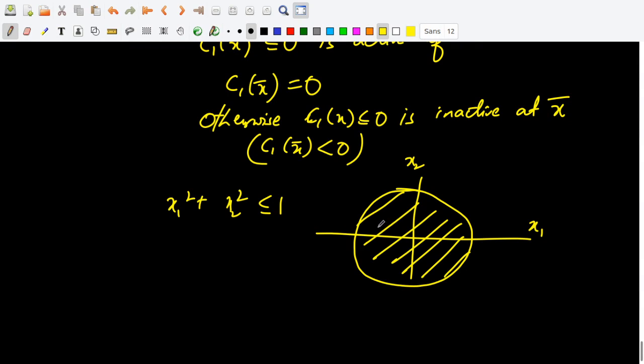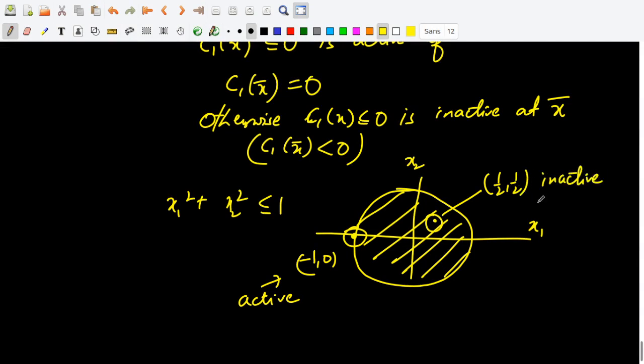So this constraint is active at the boundary, but inactive at say half comma half. Okay, so we say that this constraint is inactive at half comma half but active at -1, 0.